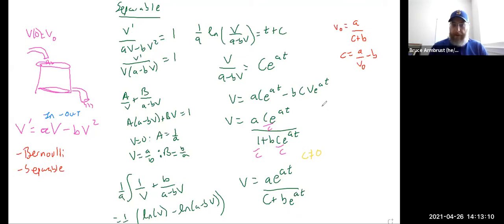And we're now at V equals A e to the AT over A over V naught minus B plus B e to the AT. And yeah, there are ways that we can make that nicer. But for right now, I don't care.